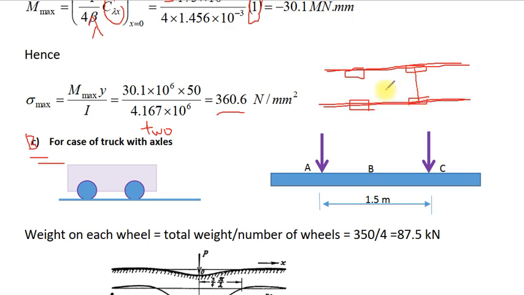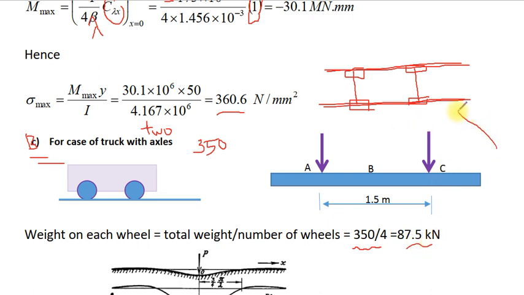The first axle, and this is the second axle. The total weight is 350. Therefore, we have to divide 350 over 4 wheels. Every wheel will have 350 over 4, 87.5 kilonewton.